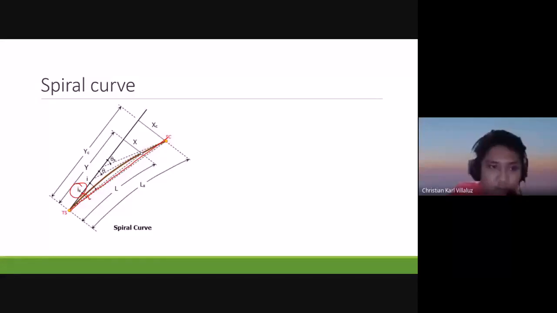Kung at any point naman, yung angle na ma-form by measuring the angle formed by a line connecting that point to TS, yun naman yung deflection angle natin at any point, from TS to any point. Okay.